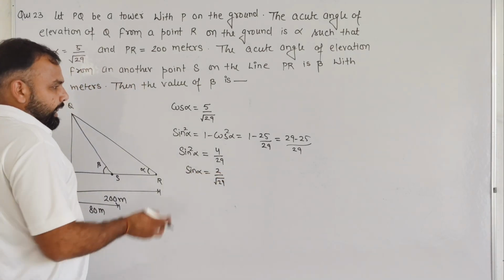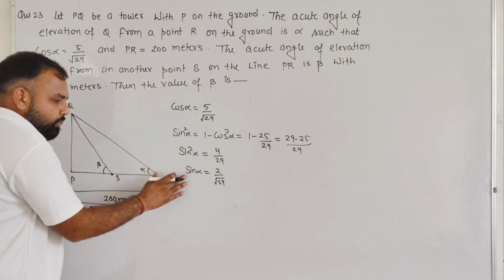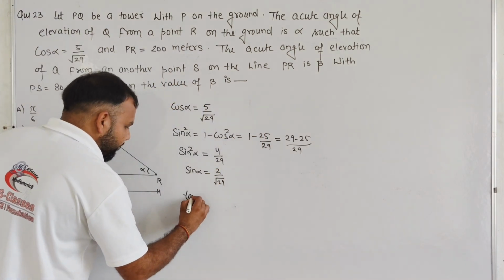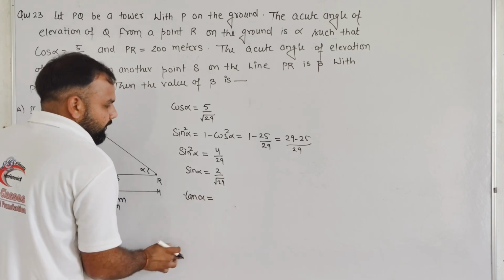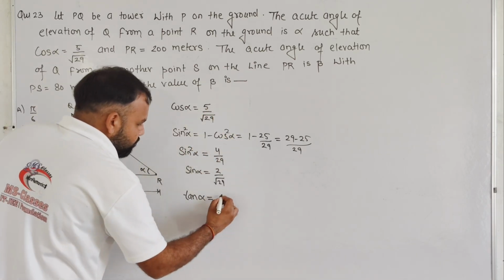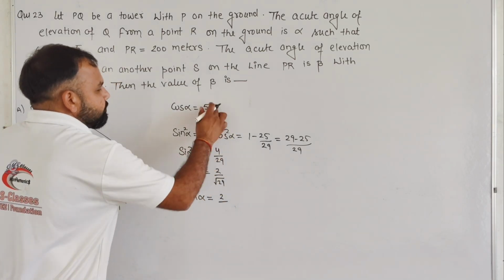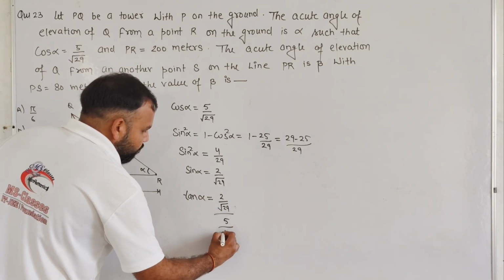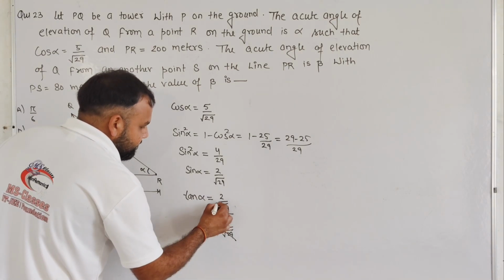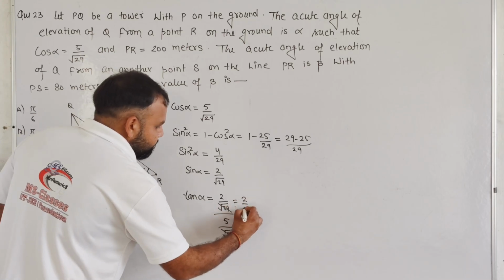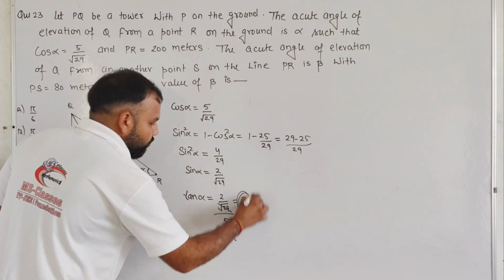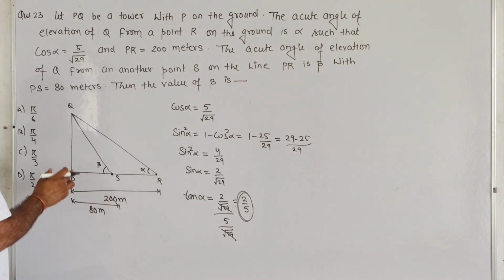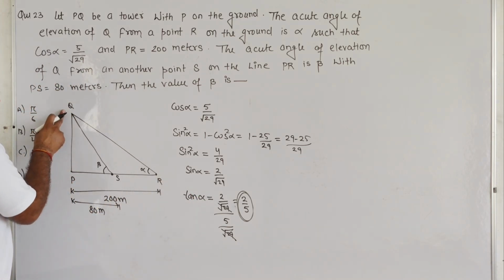Knowing sin alpha and cos alpha, you can calculate tan alpha. Tan alpha is sin upon cos, which is 2 by root 29 divided by 5 by root 29. Root 29 cancels out, so it becomes 2 by 5. This is the value of tan alpha.